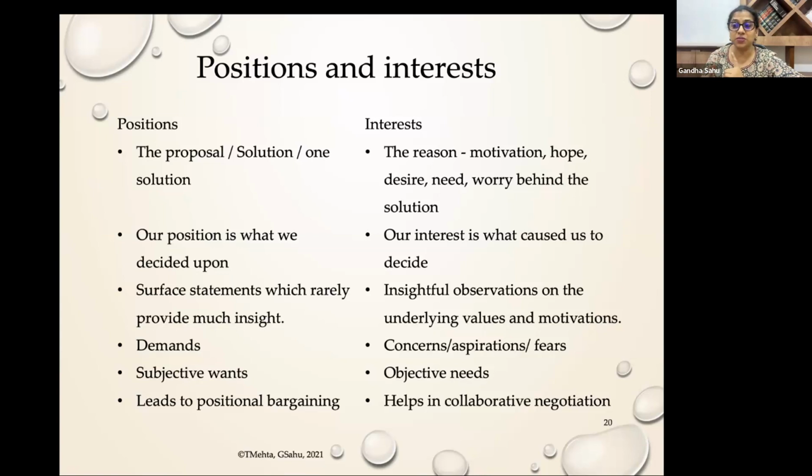What do you say? He has to apologize. Many times we become a messenger and say, "Acha, apologize kar do, the matter will end." Correct? But the matter will not end. You have to explore the interest behind it. You have to ask them, why do you want an apology? What will happen if he gives you the apology? Just asking why you want an apology will give you a lot of explanation, and then explore it further with more questions depending on the answer.